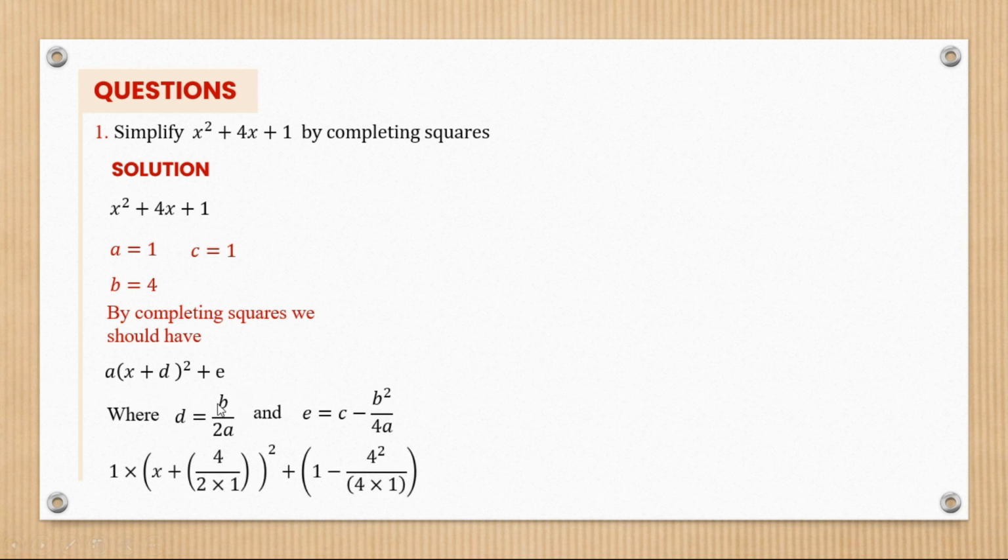Where we have d, we now have 4 over 2 times 1. And where we have c, we have 1 minus 4 squared over 4 times 1. Then we have 1 multiplying this bracket from the outside. After multiplying and doing all that, we are left with x plus 2 squared plus bracket 1 minus 4, which is equal to x plus 2 bracket squared minus 3. And this is what we get after completing the square. So this is the simplified version.